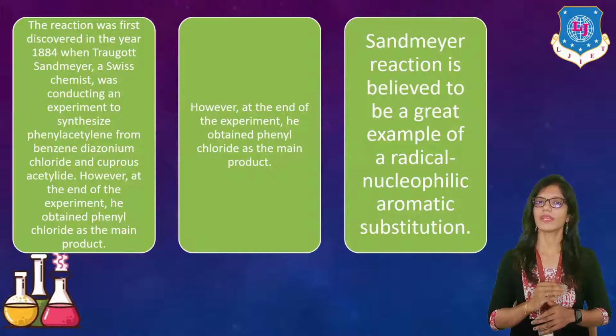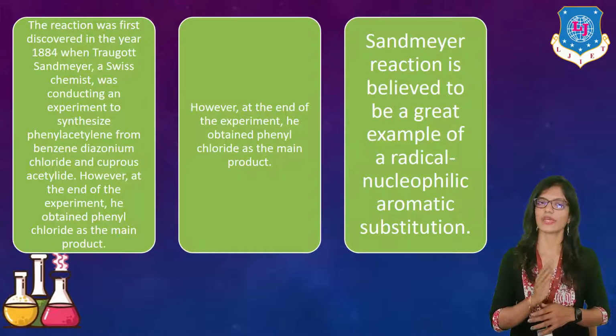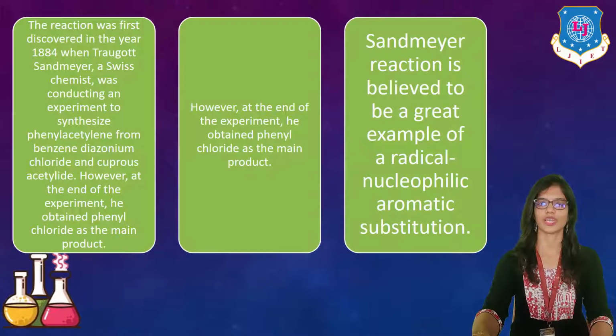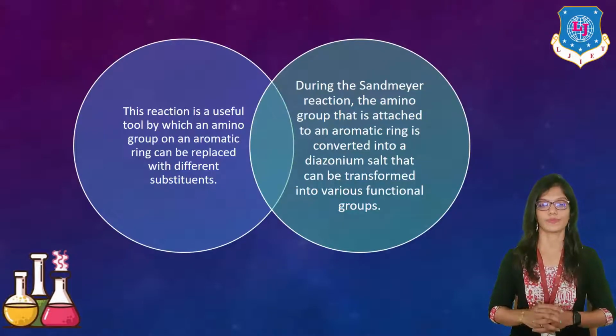The Sandmeyer reaction is believed to be a great example of radical nucleophilic aromatic substitution. So it is basically a kind of free radical nucleophilic aromatic substitution reaction. It follows either SN1 or SN2 depending upon the particular type of reaction, that is, nucleophilic substitution reaction number 1 or number 2.